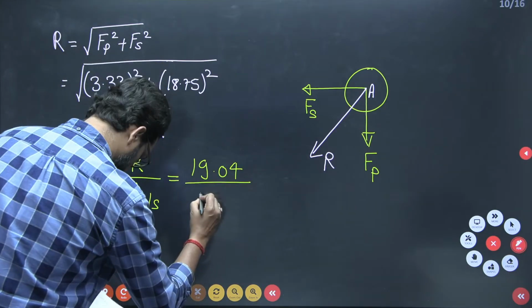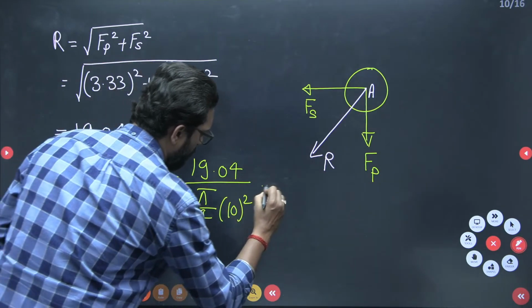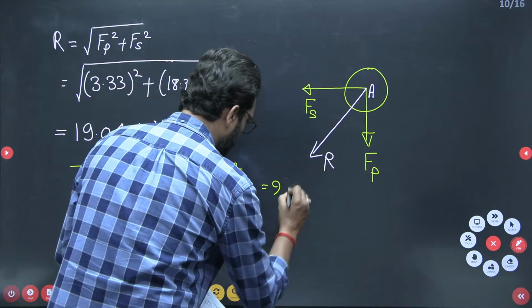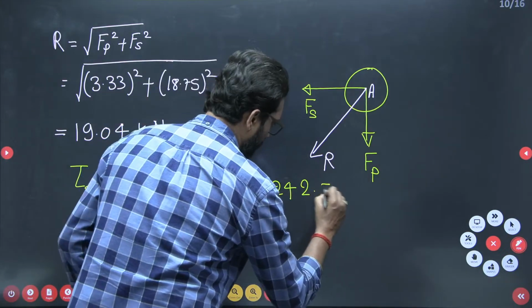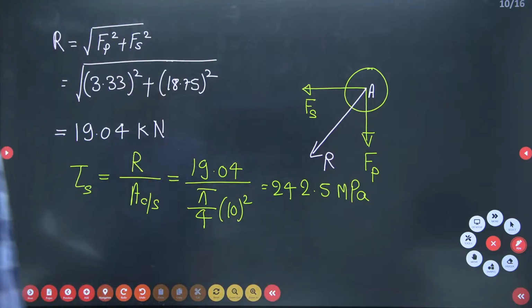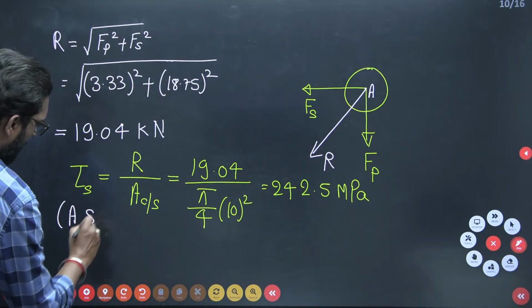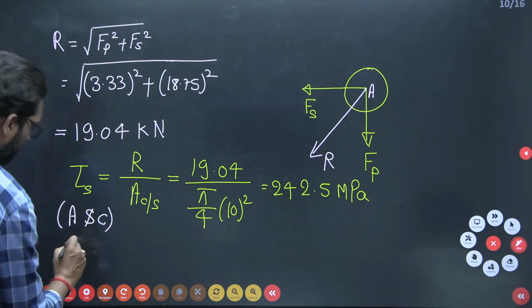Cross section area is pi by 4 d square, 10 square. How much is it? 242.5 megapascal. This is your maximum shear stress, and it will act on A.